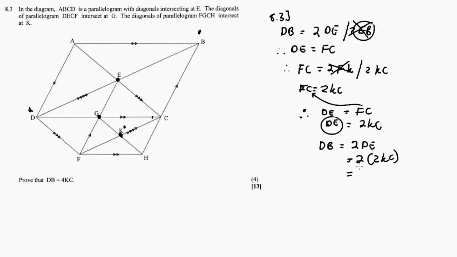Yeah, a bit confusing, but just follow the logic. 2 times 2 is 4KC. Therefore we have proved it. You first start off by creating a link between DB as well as KC, then you substitute back. Now 8.3 concludes our question 8.